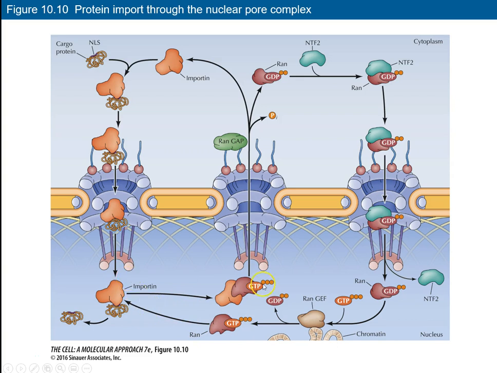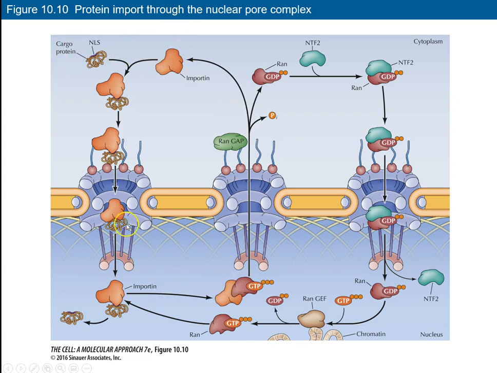See that here? This is RAN GTP, and that importin binds to that RAN GTP, and then it can go out. You can stop and think for a second why it's important that the importin gets out: because it functions out here.